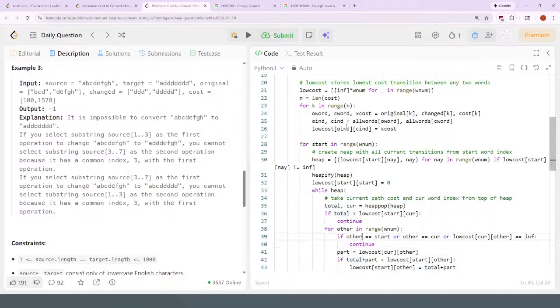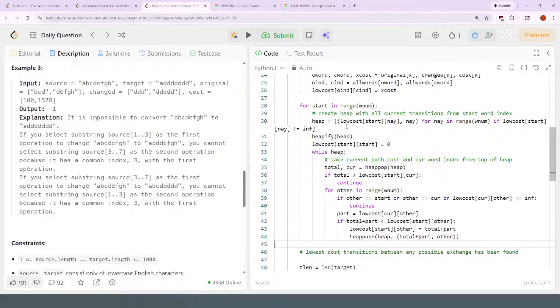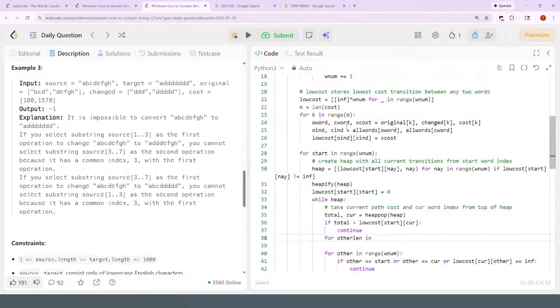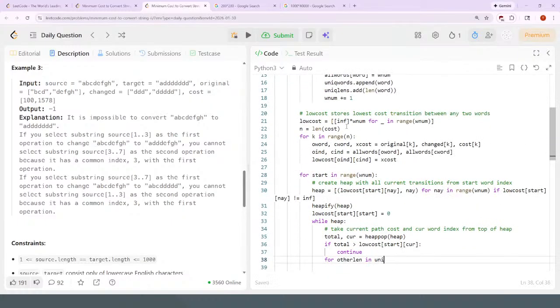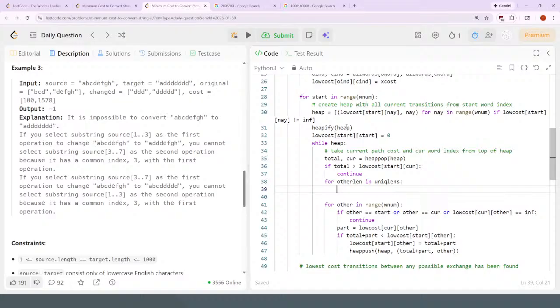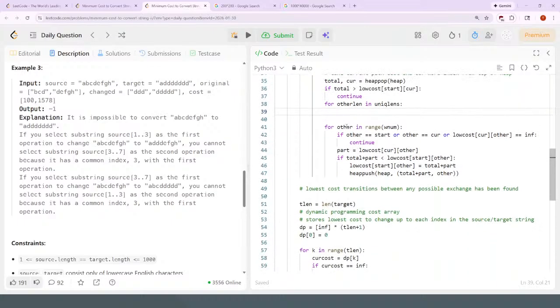Okay. So from this letter, for other length in the set that is unique lengths. Oh, whoops, wrong area.